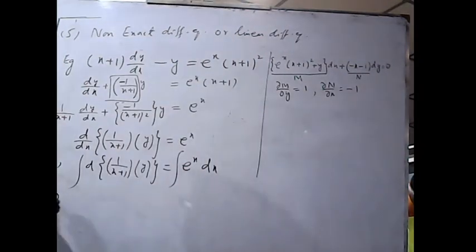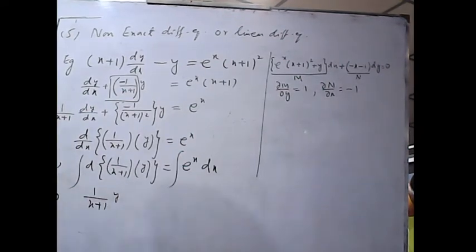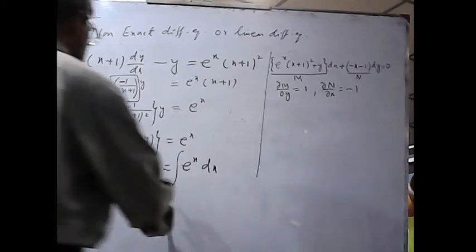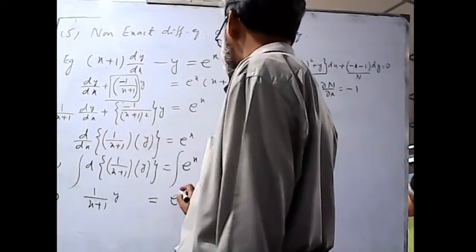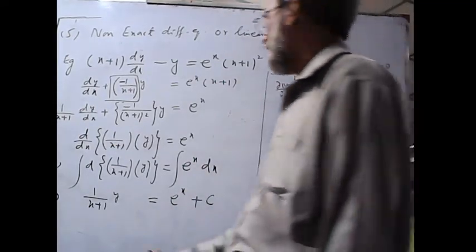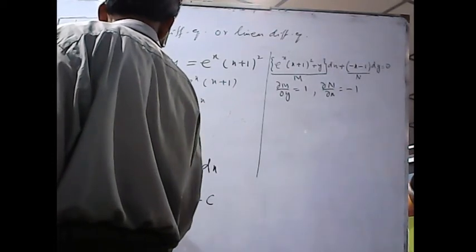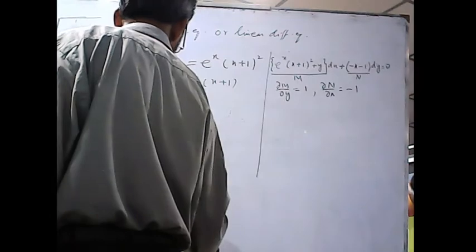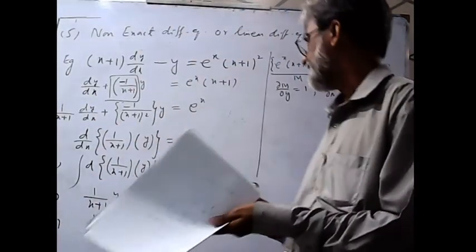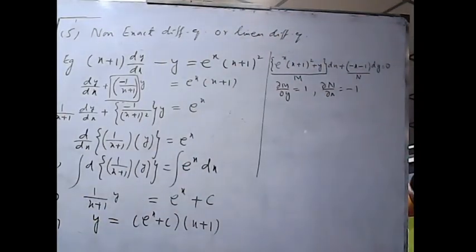Integrating the left hand side gives the original function x plus 1 times y, just like the integral of d of x is equal to x. Integrating the right hand side gives e to the power x plus e to the power x and c, the constant of integration, or you can write y equal to e to the power x plus c multiplied by x plus 1. This is our final solution of the linear differential equation.